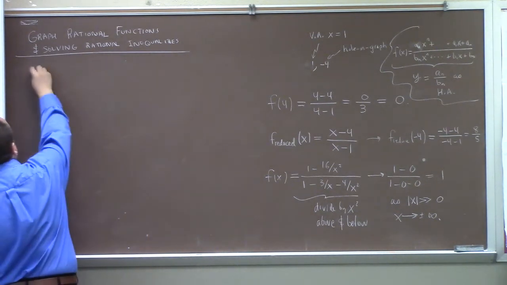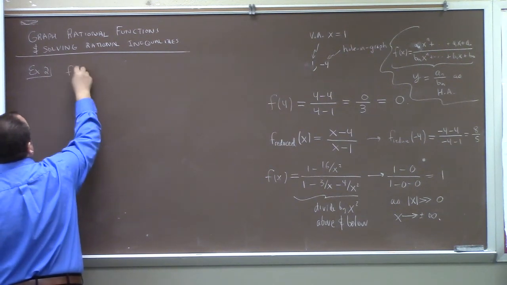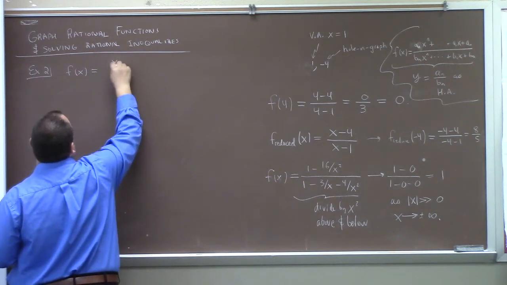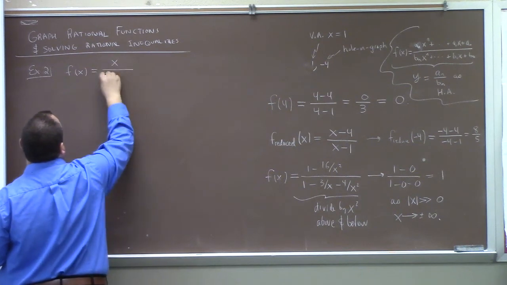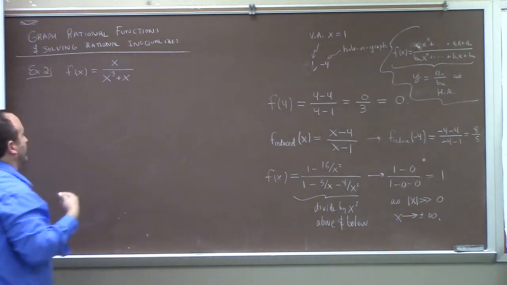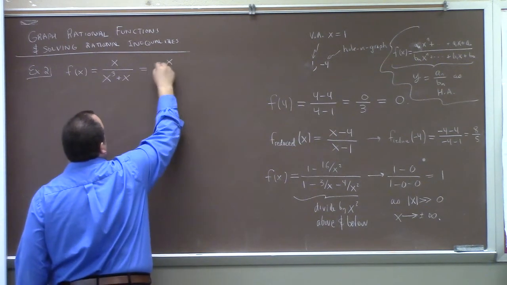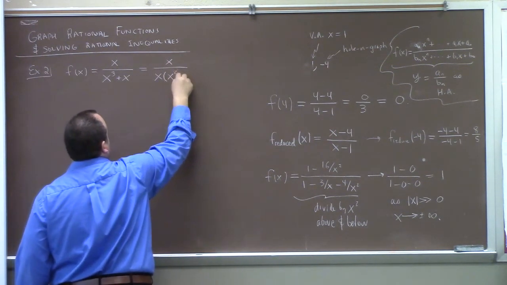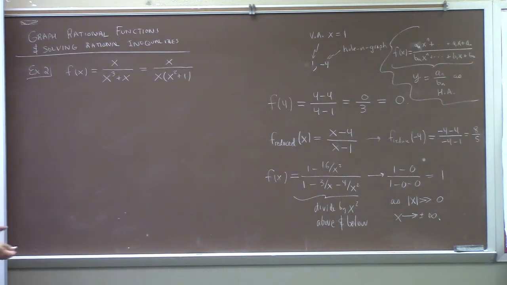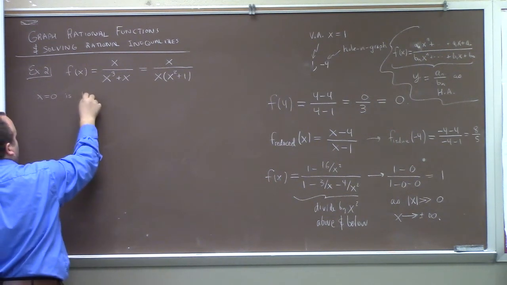Let's see here, another example. Example 2, I suppose. f of x equal to x over x cubed plus x. All right, there we go. So this one, we've got x over x times x squared plus 1, right? So this one has x equals 0 as a hole in the graph, right?